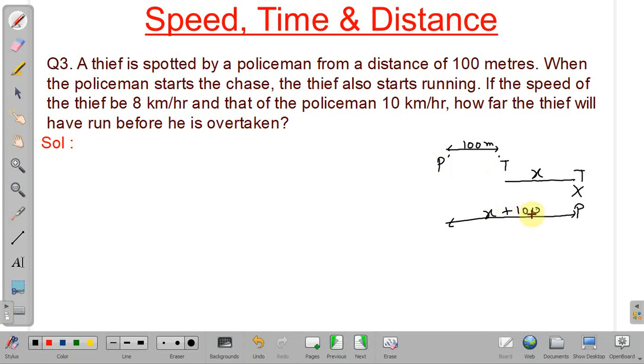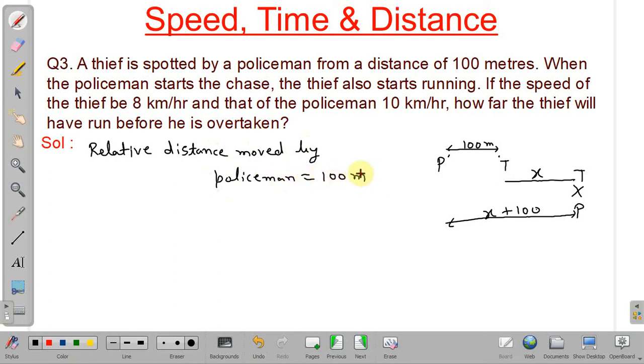So the relative distance moved by the policeman is equal to 100 meters. Okay. So we are assuming this as x_r, x relative.